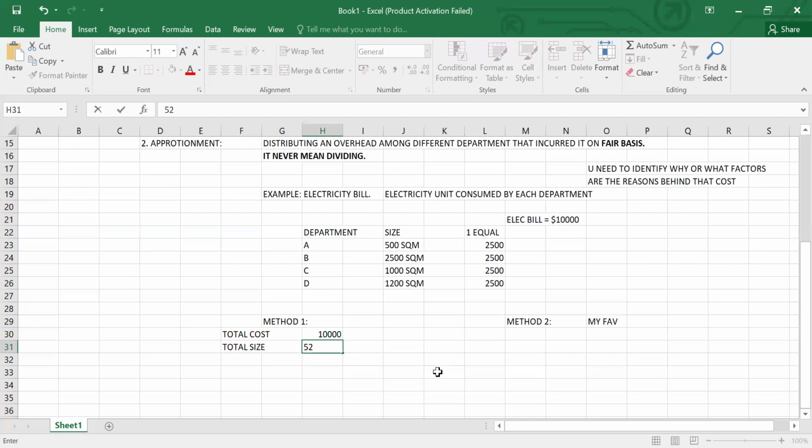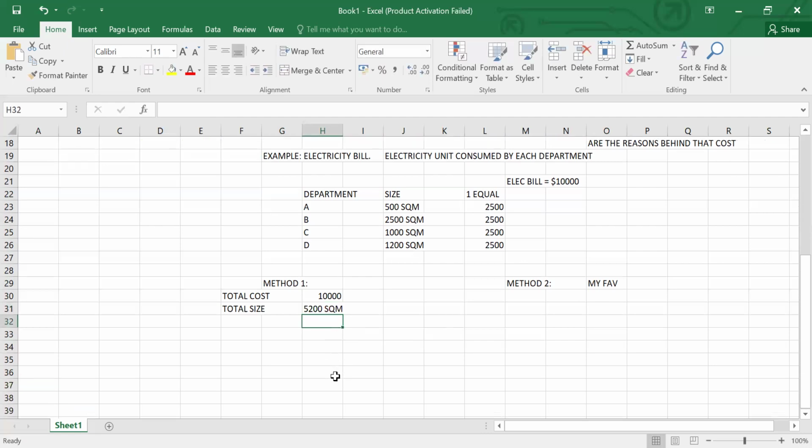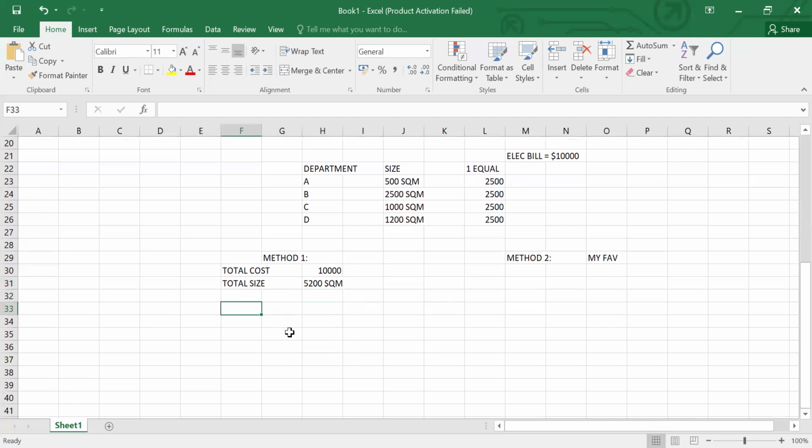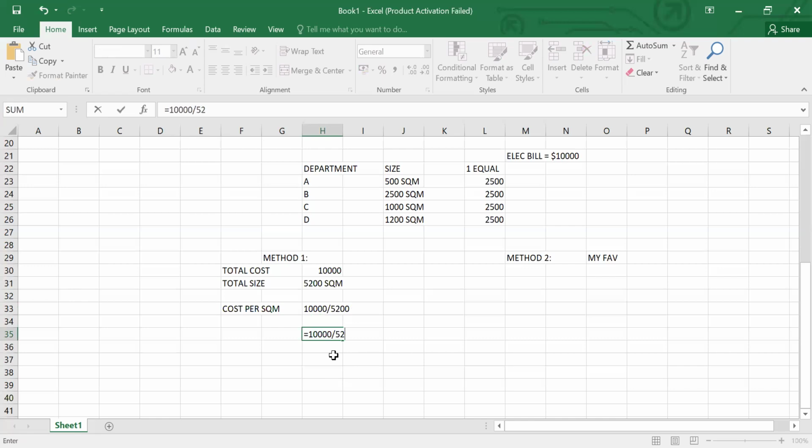So the very first method is that you just calculate the total cost, then you just calculate the total size. Just see that I have calculated the size correctly. Then what you need to do is calculate cost per square meter, right? So you simply do $10,000 divided by 5,200 square meters, and that is going to give you the cost per square meter.